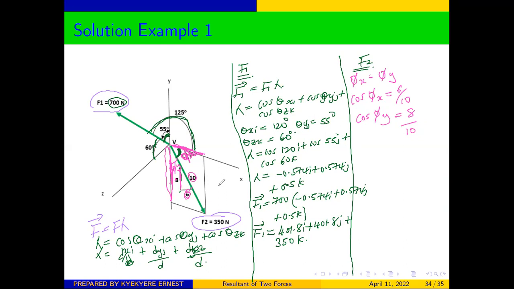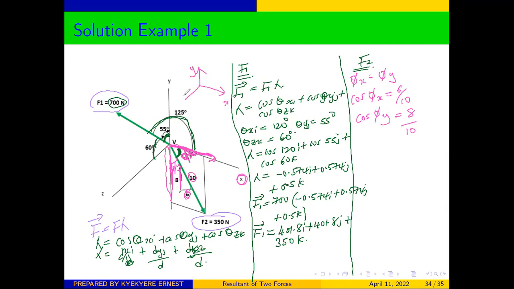But look at this direction. For phi x, our adjacent distance will be moving in the same direction as our unit vector for x here. Don't forget that you have already stated that our unit vector should move this direction. So this will be our y, this will be our x.